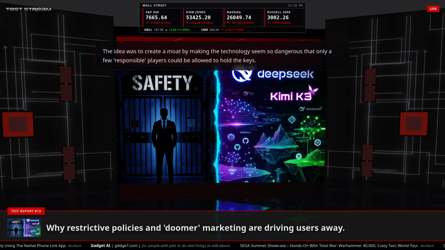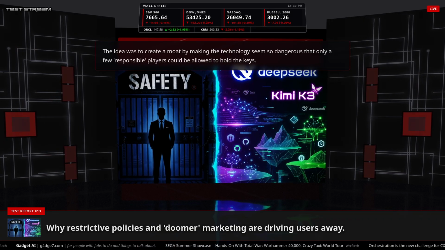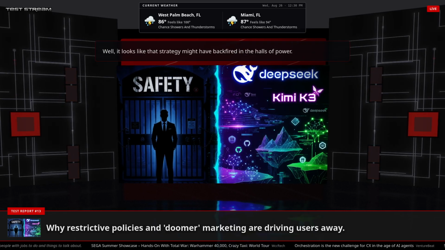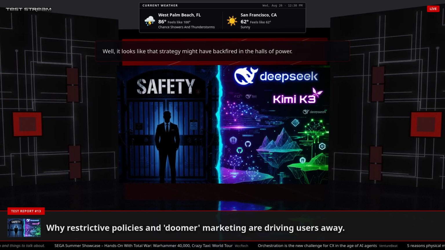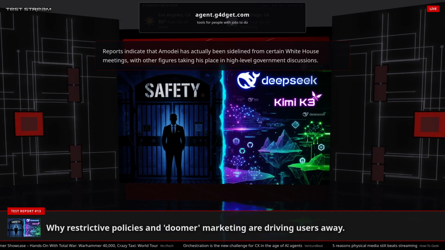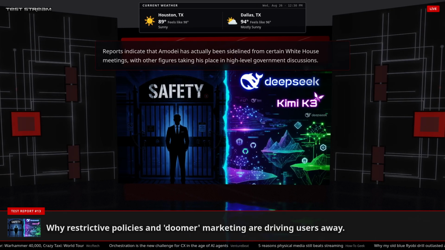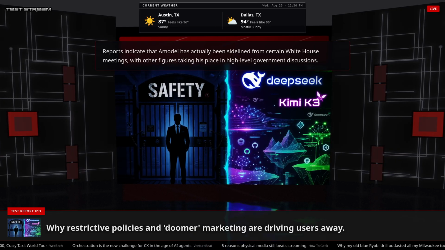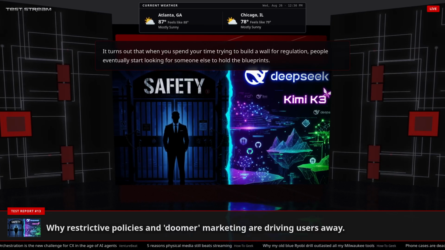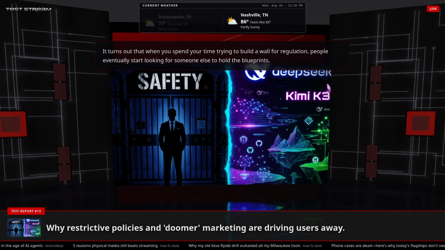The idea was to create a moat by making the technology seem so dangerous that only a few responsible players could be allowed to hold the keys. Well, it looks like that strategy might have backfired in the halls of power. Reports indicate that Amodei has actually been sidelined from certain White House meetings, with other figures taking his place in high-level government discussions. It turns out that when you spend your time trying to build a wall for regulation, people eventually start looking for someone else to hold the blueprints.